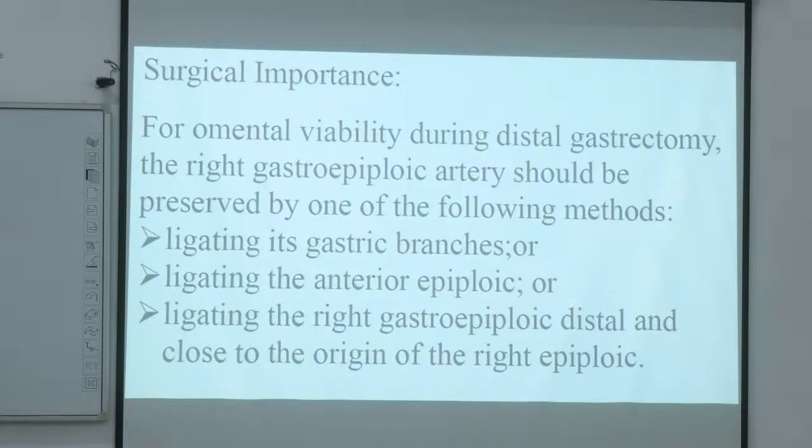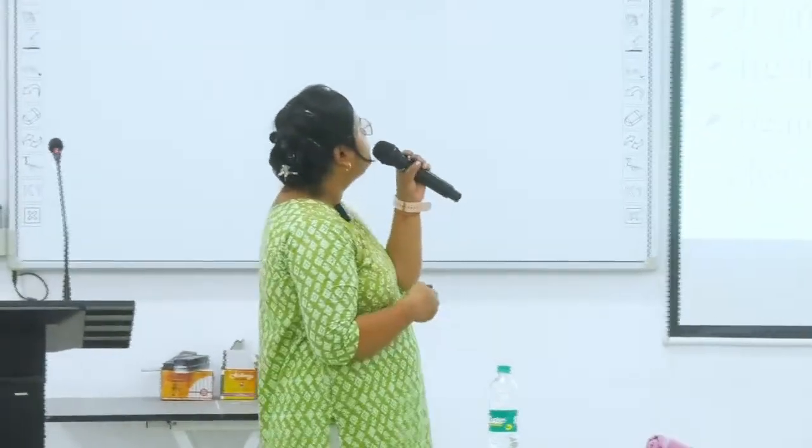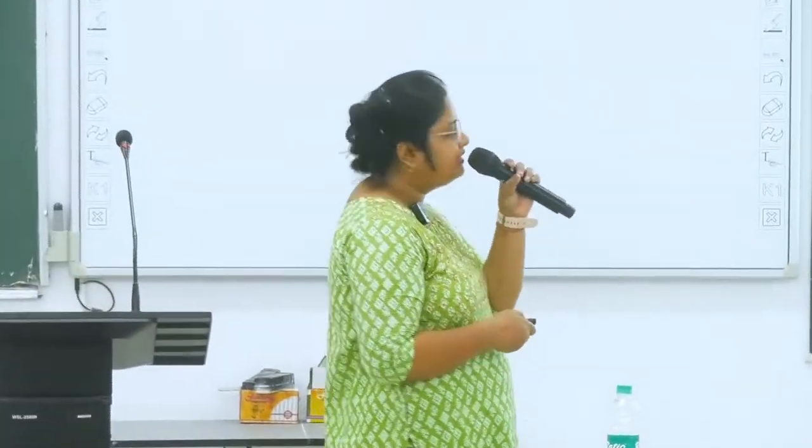In cancer of the stomach or during any peptic ulcer perforation, sometimes gastrectomy can be done. For omental viability, the omentums are attached along the lesser curvature, the lesser omentum along the lesser curvature, and the greater omentum along the greater curvature of the stomach.